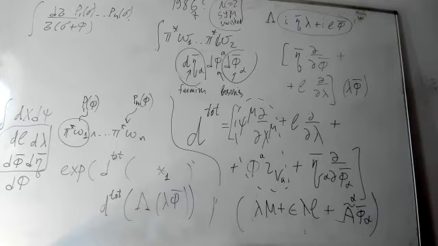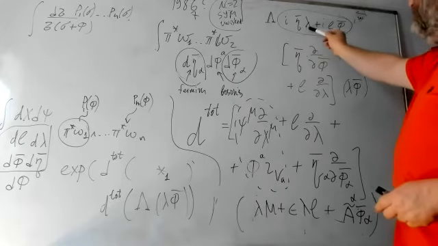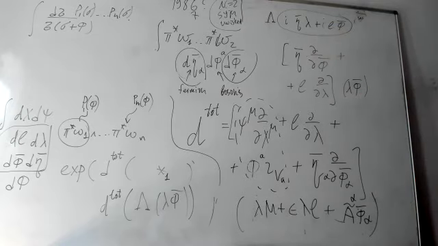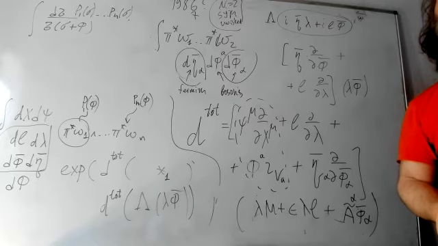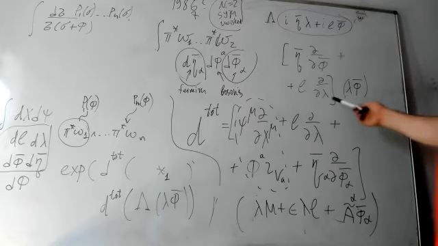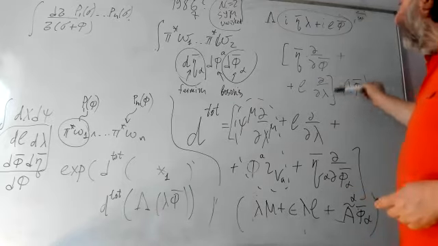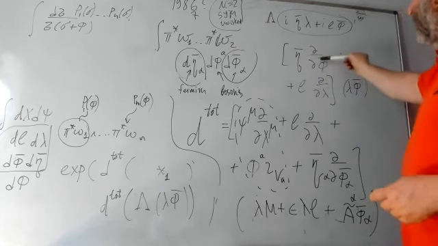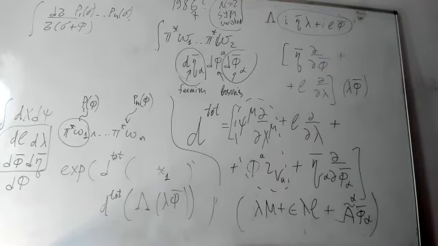Let us check the number of these fields. The number of fields lambda and L is the rank of the group, and the number of fields eta bar and phi bar is also the rank of the group.